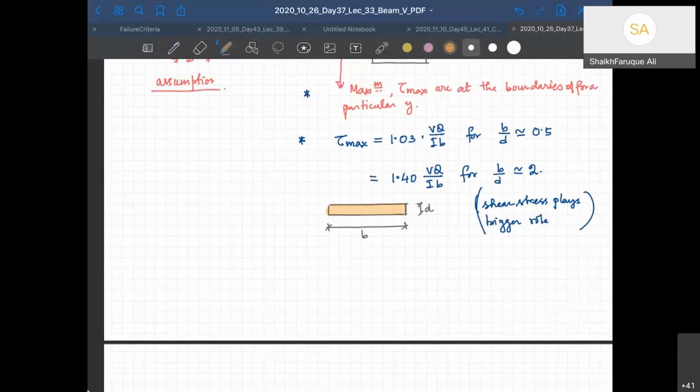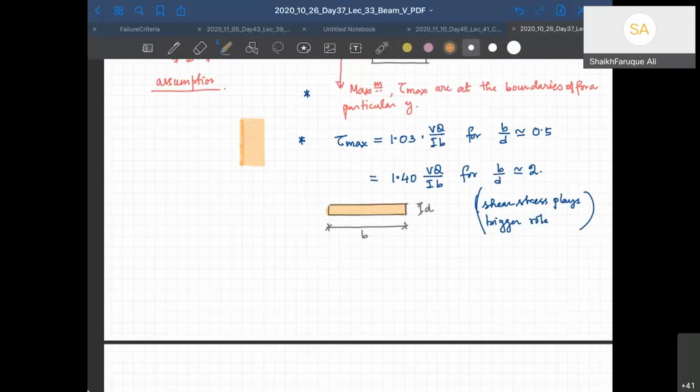Because the width to depth ratio is quite high in these cases, they will create a problem. But sections which are like this will hardly create any issue, because the values will be 1.1 times VQ by IB, and most of the time we take the maximum VQ by IB.